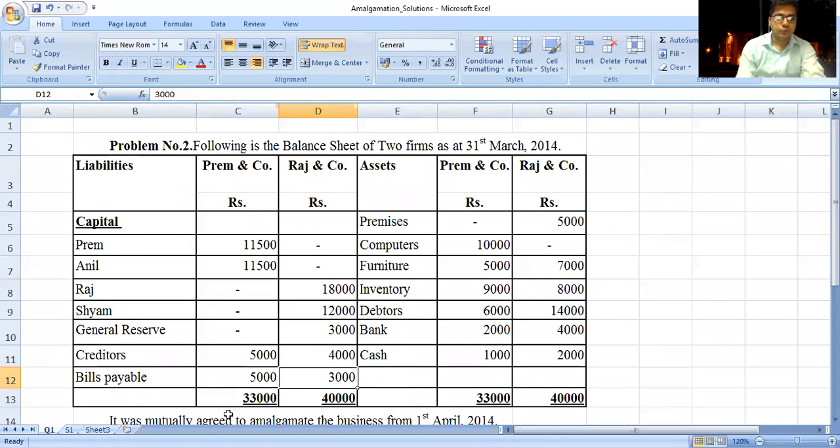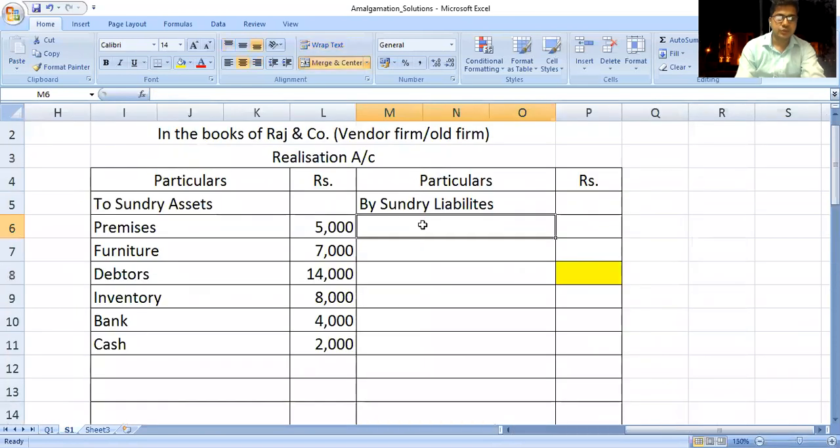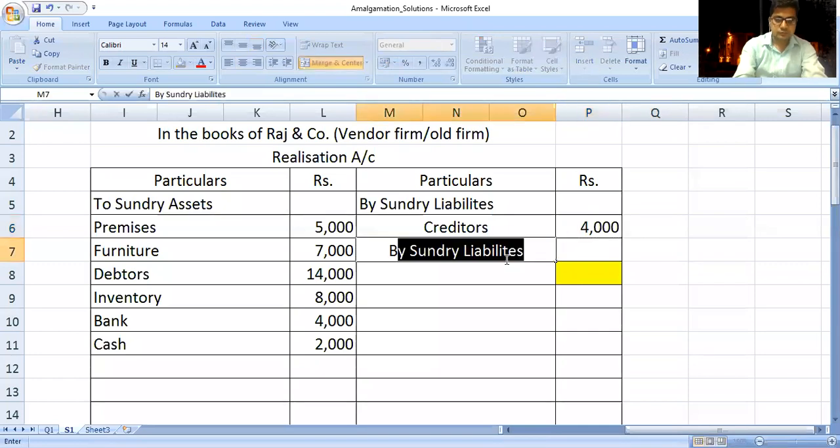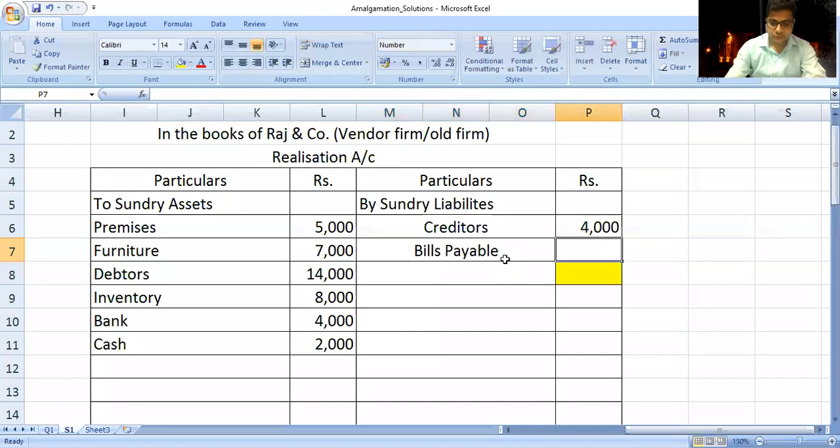We have to consider these liabilities and show them here: the value of creditors 4,000 and bills payable rupees 3,000.